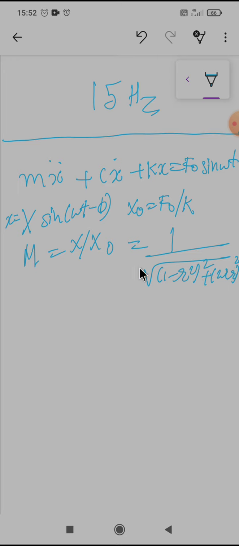Now here the value of phi is nothing but tan inverse of 2 zeta r divided by 1 minus r square.